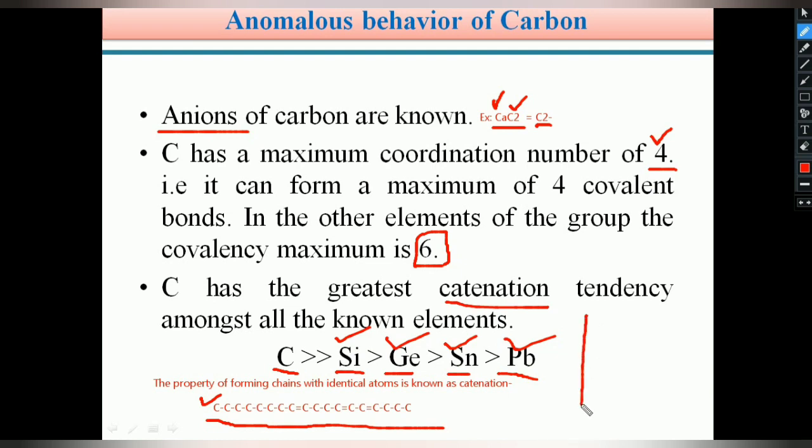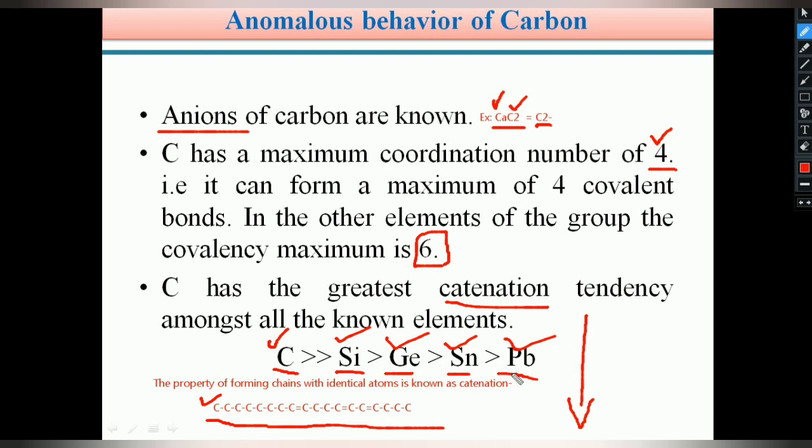From top to bottom in a group, catenation capacity decreases, because we already discussed in the physical properties that the electronegativity of carbon is higher than that of the other elements in the fourth A group. Due to its higher electronegativity, carbon can form a strong bond with other carbon atoms, so it forms long chain structures.